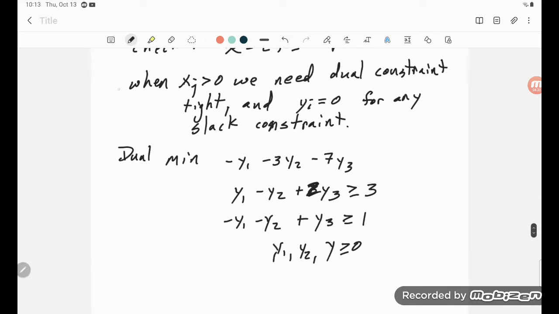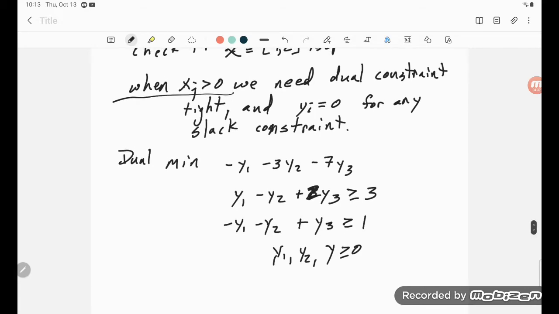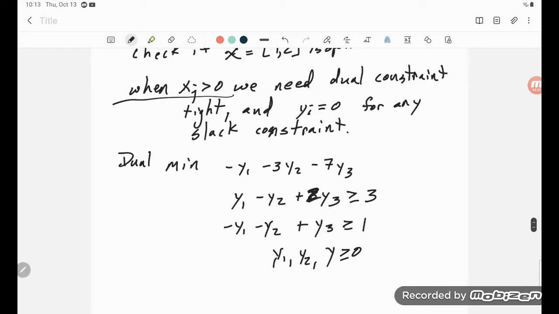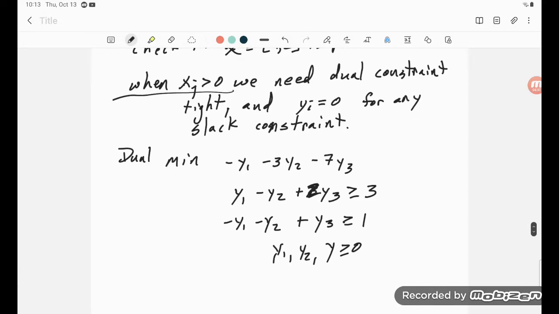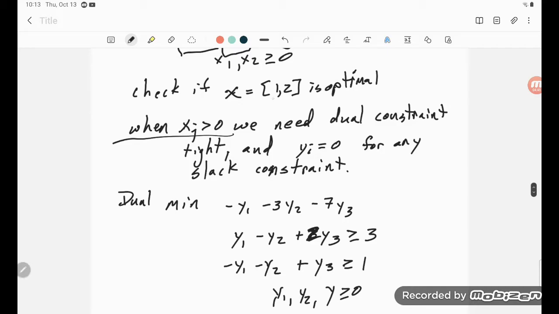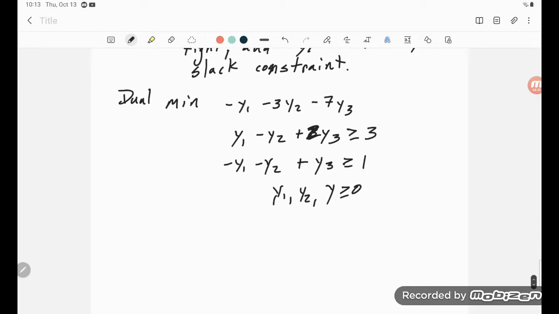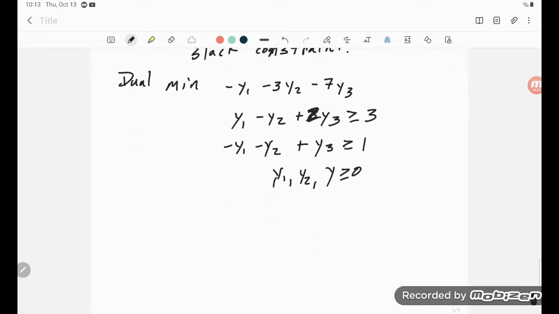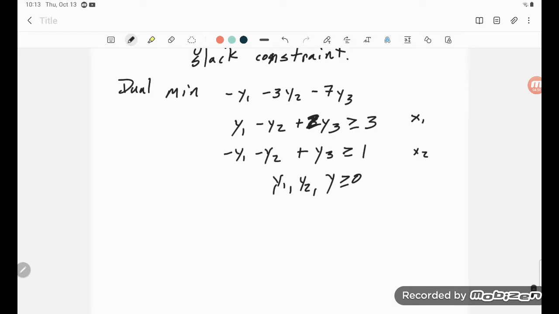Okay, so again, first, for any of the non-zero primal variables, we need the dual constraint to be tight. Both our variables are non-zero, 1 and 2. So both constraints, this went with the x1, this went with the x2, both need to be tight.